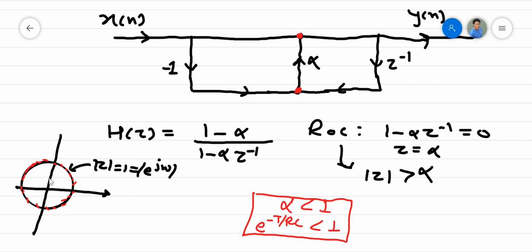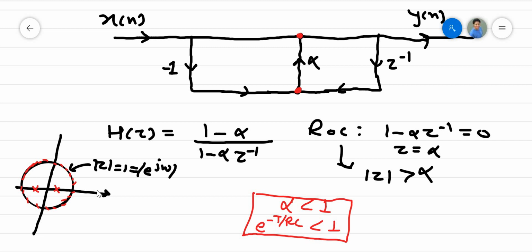That means this alpha value will lie somewhere here, but inside this particular unit circle. And if some pole lies outside this unit circle, then ROC will not involve this unit circle, and for that particular case the filter will be unstable. Then it is impossible to find out its Fourier transform.